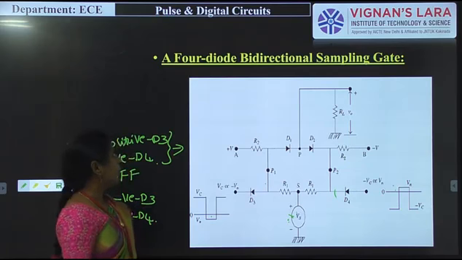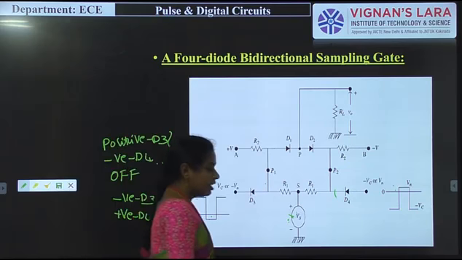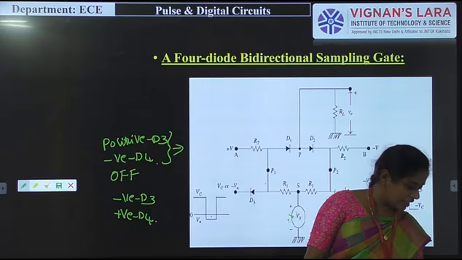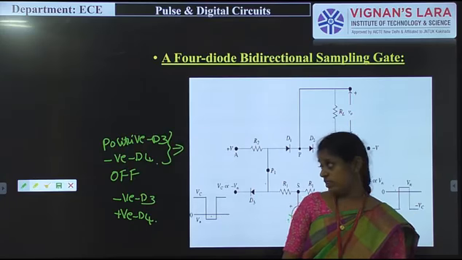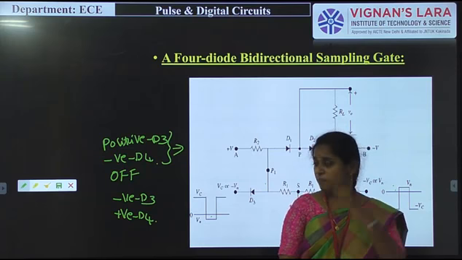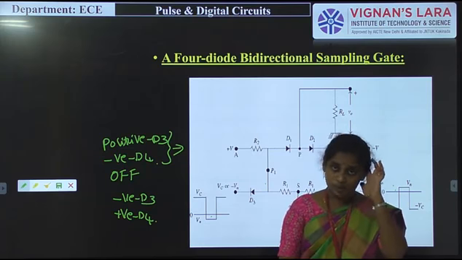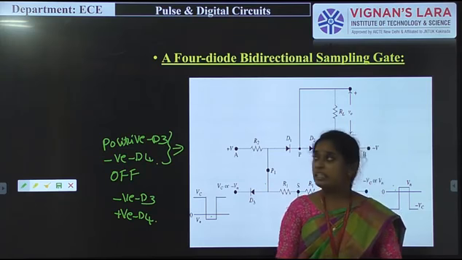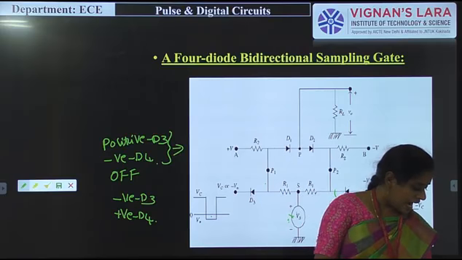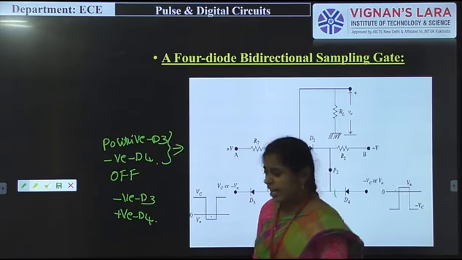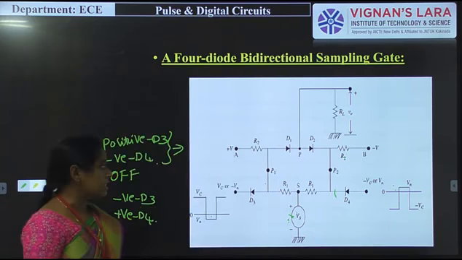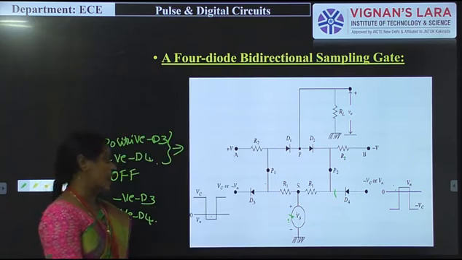So that is about the 4-diode bidirectional sampling gate. The main advantage of this type of bidirectional sampling gate is that the gain will be increased. Compared to this 4-diode sampling gate, there is another one, the 6-diode sampling gate.